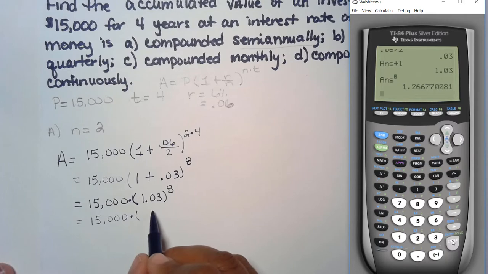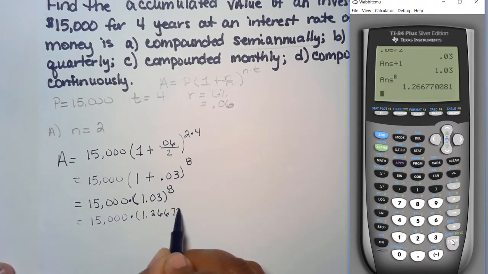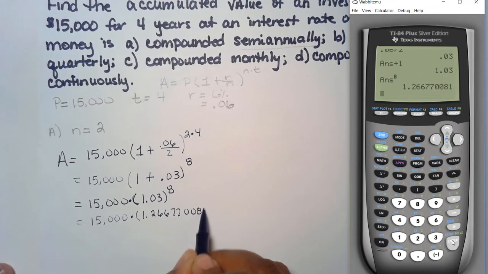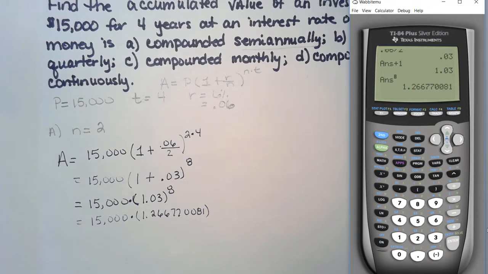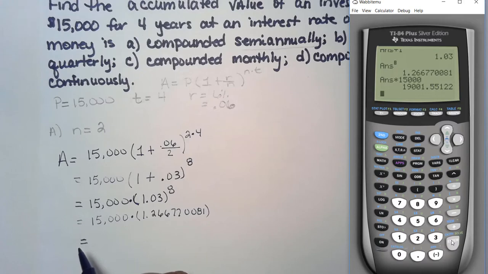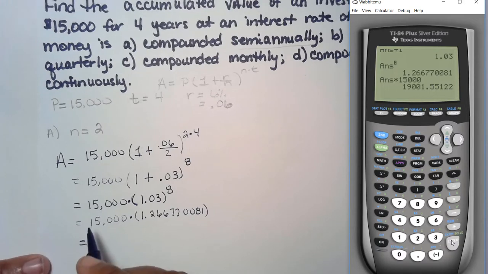So we have here 1.2667700081, and then we're going to multiply that by 15,000 to find our value. Enter. And we're going to round to the nearest cent, so that means 2 decimal places.